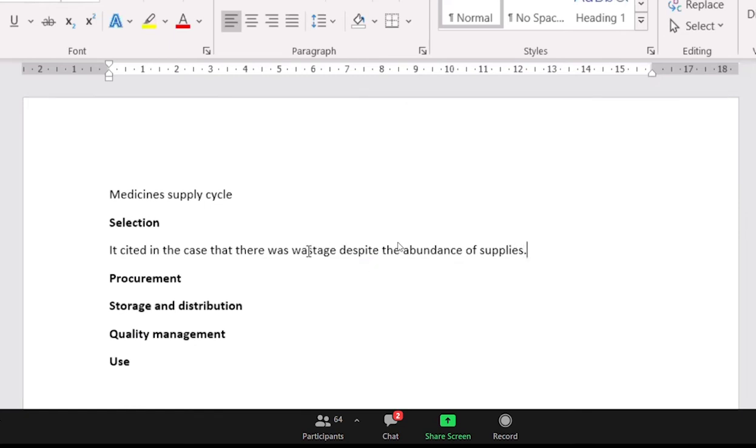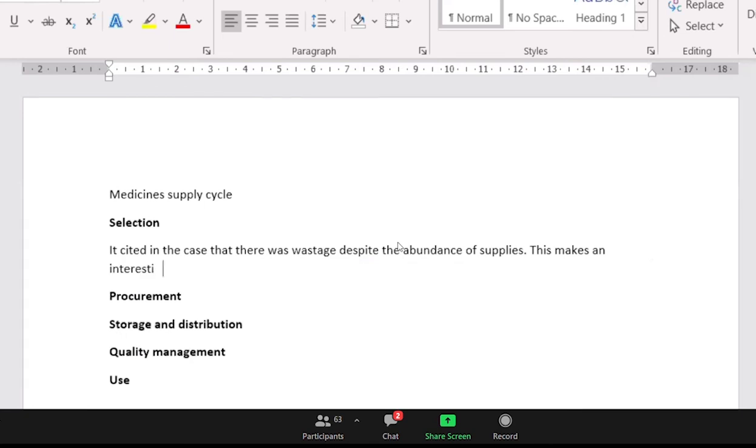Now, this in its case is a paradox. So you can also say this makes an interesting situation.